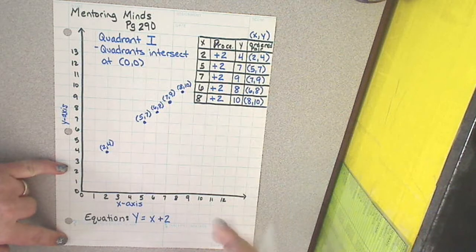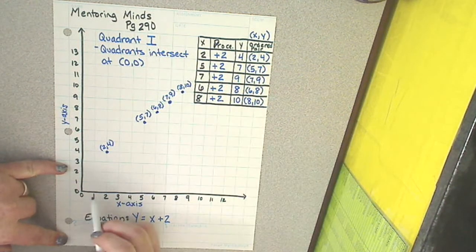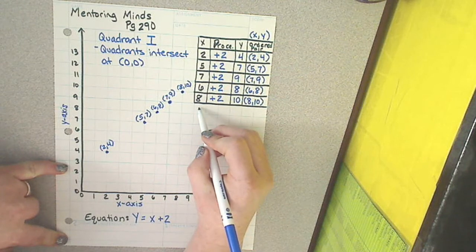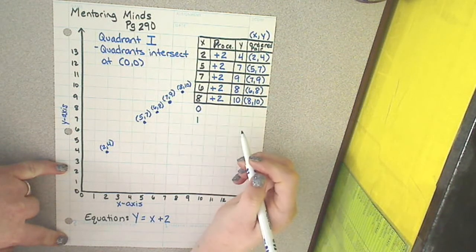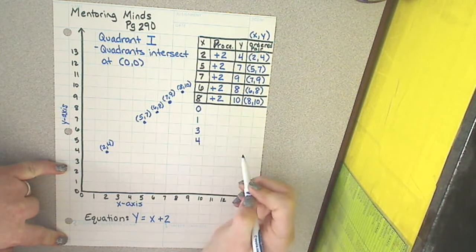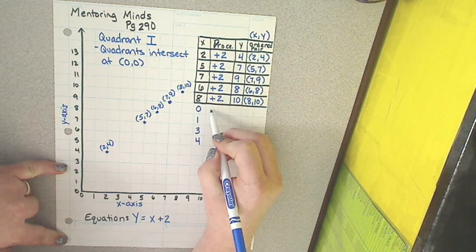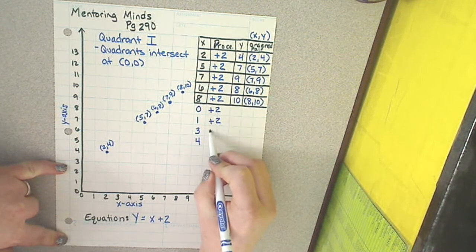Now let's take a look at what happens when we add some other numbers in here. What happens if we have 0 as our x, 1 as our x, 3 or 4? Well, we know the process is going to stay adding 2 every time.